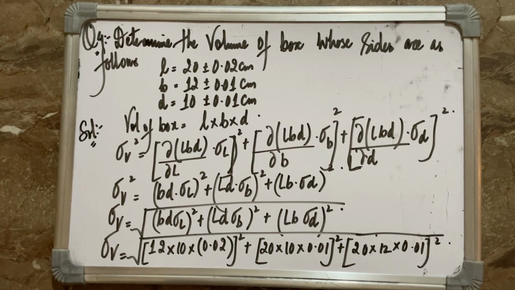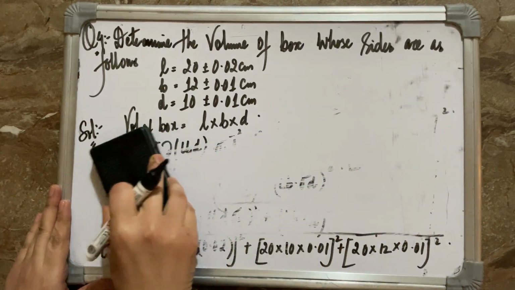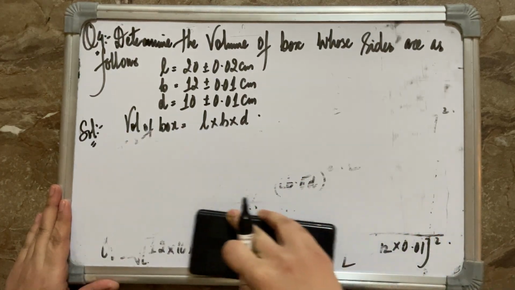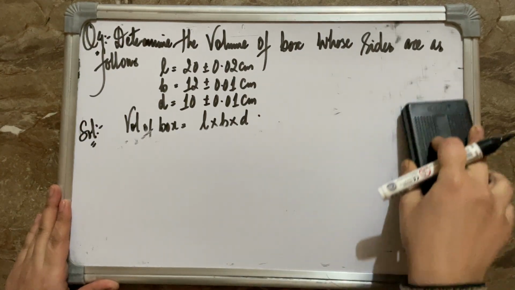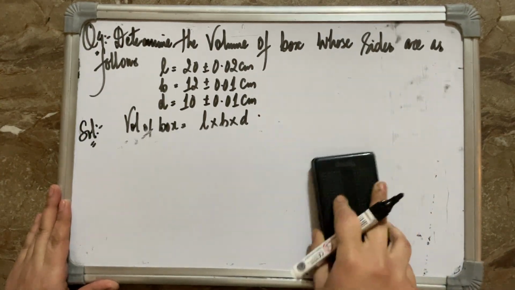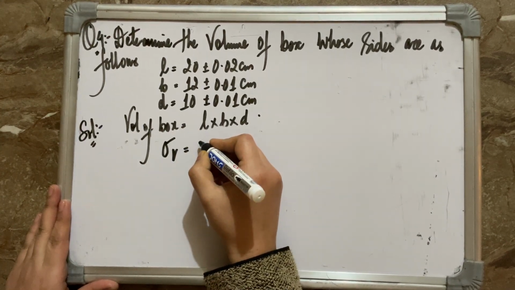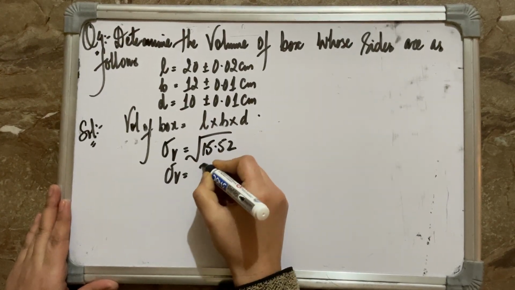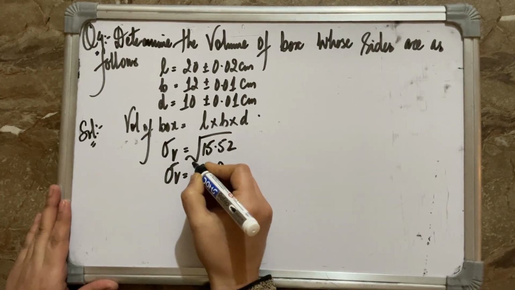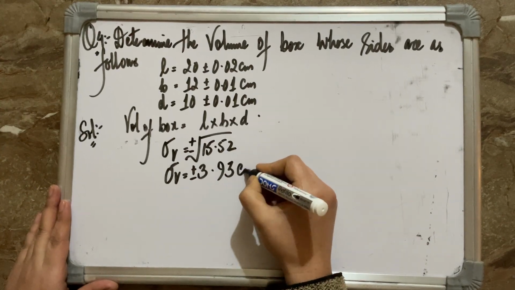I substitute the values from the given parameters, and by calculations my sigma V is plus minus 3.93 centimeter cube.